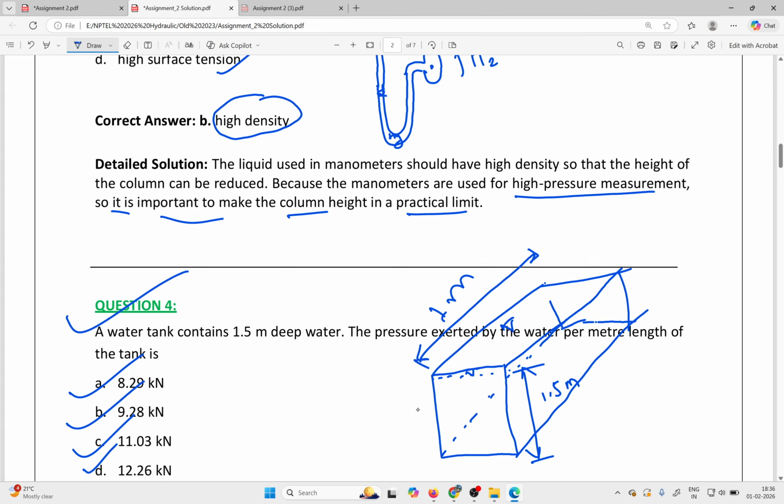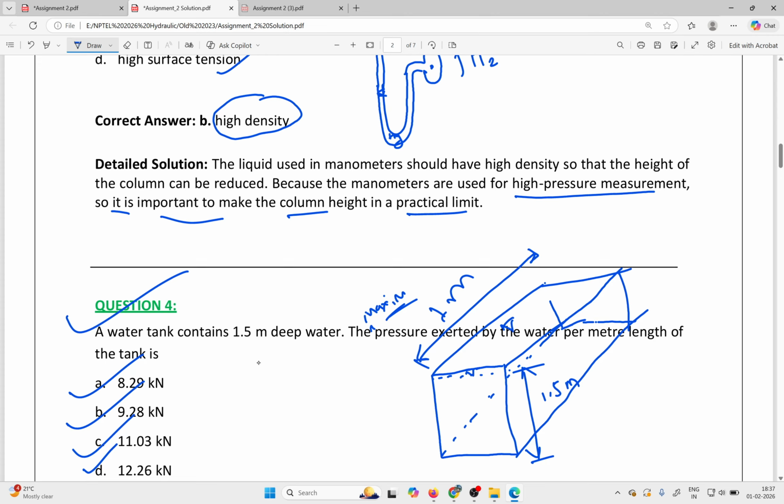But here it is not given at which location. At least the question needs to say the maximum pressure. Based on that, we can understand it is asking where the maximum is happening. So remember such typo mistakes; you have to consider them yourself in the questions.